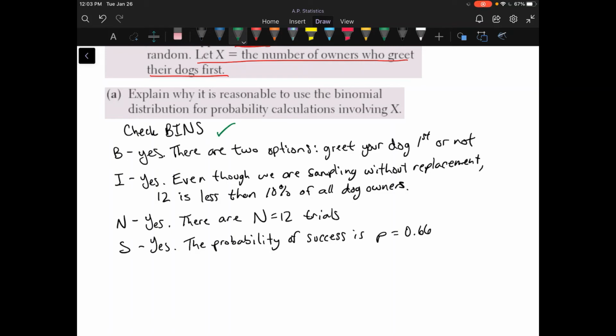So that means it is reasonable to use a binomial distribution for the probability calculations involving X.